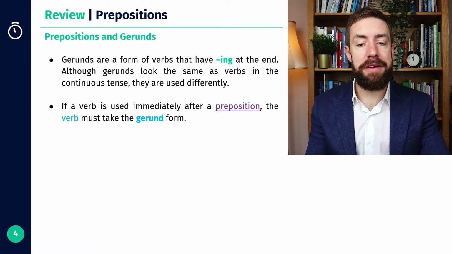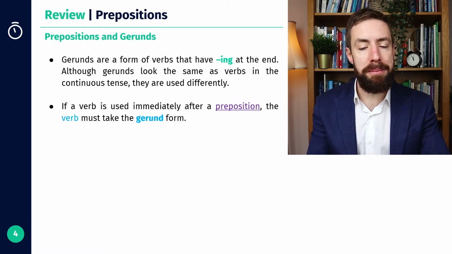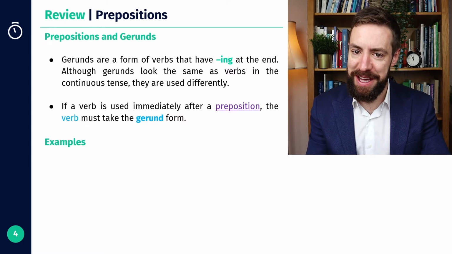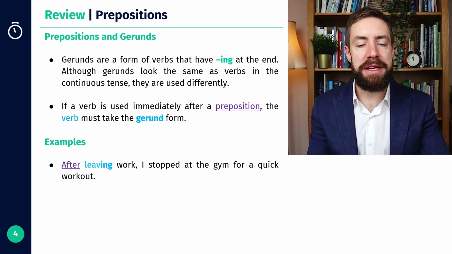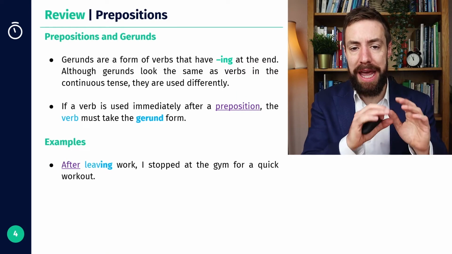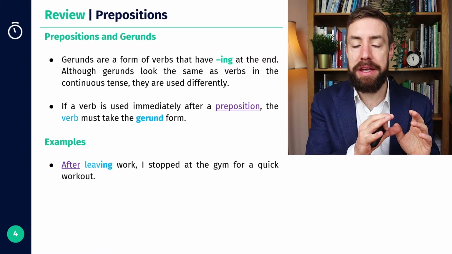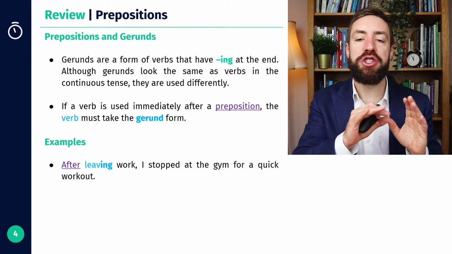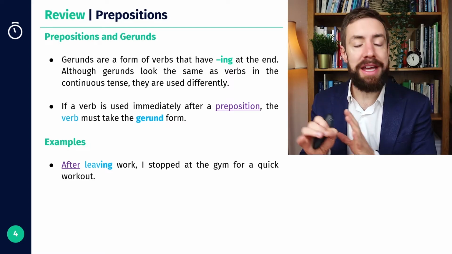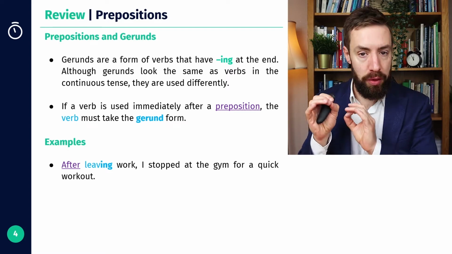And here's the rule. If a gerund is used immediately after a preposition, the verb must take the gerund form. All right, so what does that mean? Let's take a look at some examples. So, after leaving work. The after is the preposition, and it's not after leave work or after to leave work, it's after leaving work.